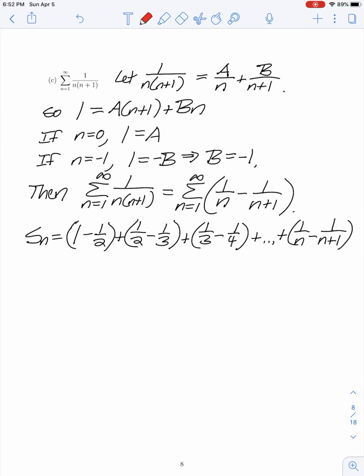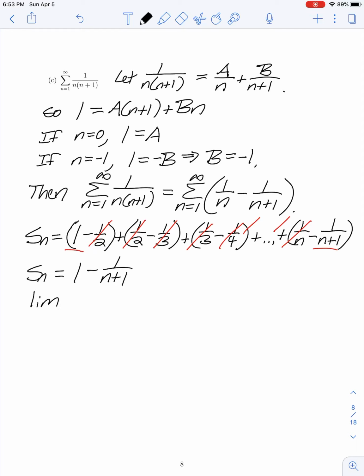So again, we see that these internal terms are canceling. Our plus 1/2 and minus 1/2, plus 1/3 and minus 1/3, this negative 1/4 will cancel with the plus 1/4 in the next term, and our 1 over n cancels with the term just before it, when we plugged in n minus 1. So we're left with the first and the last term in our nth partial sum, and we have s sub n is equal to 1 minus 1 over (n+1).